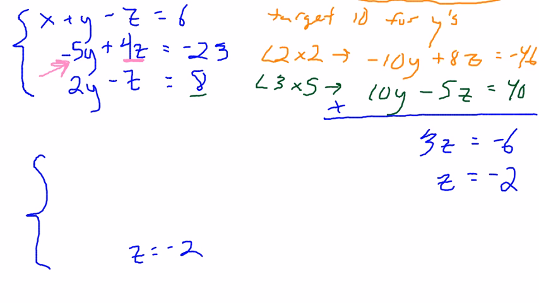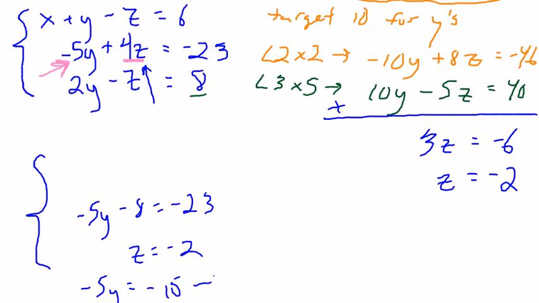I get negative 5 times y, and when I plug it in right here, I get minus 8, equal to negative 23. I'll do my scratch work down low. Add 8 to both sides. I get negative 5y equals negative 15, which divided by 5 gives y equal to 3.